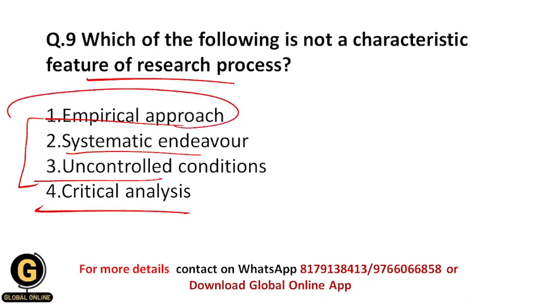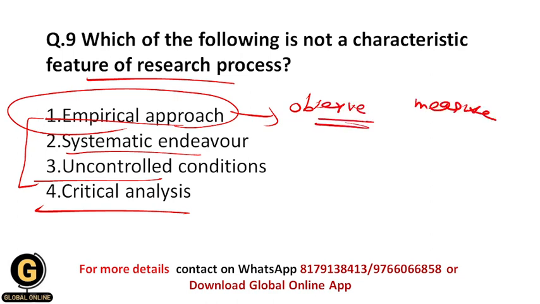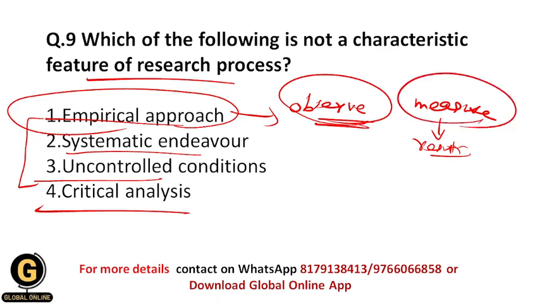So empirical approach means empirical method. It means that here we observe the data, and based upon the observations we measure the data, and after that we get the results. So here we have proper evidence in terms of observations and measurements. This is nothing but the empirical method, and obviously within the research process we follow the empirical method.